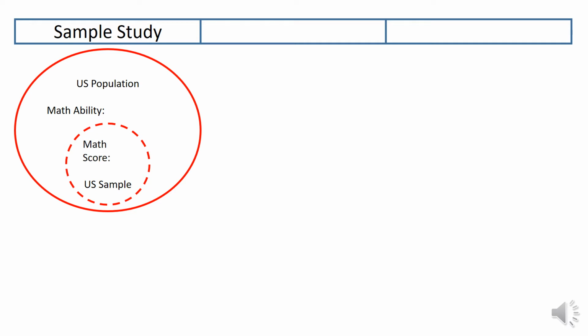Let's say in this sample, we have 50 adults, and their average score on the math part of the SAT was a 536. So now that we have this sample statistic, we use that to estimate what the math ability of the U.S. population as a whole is.